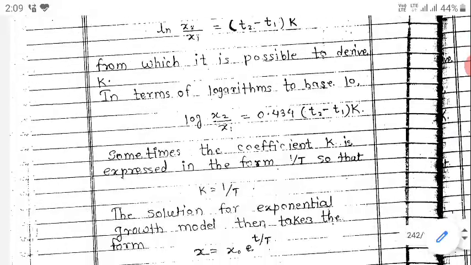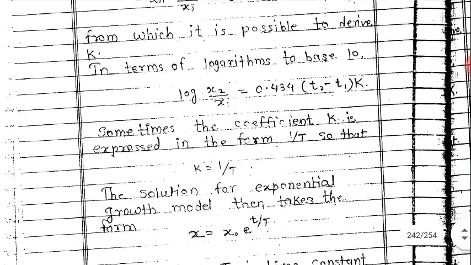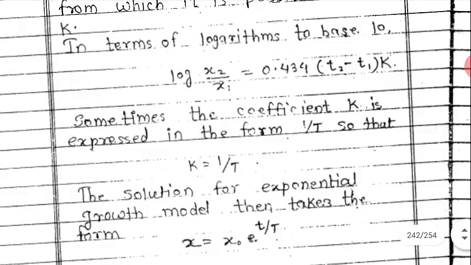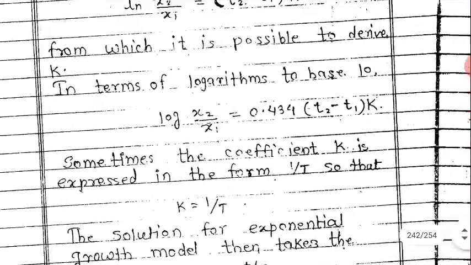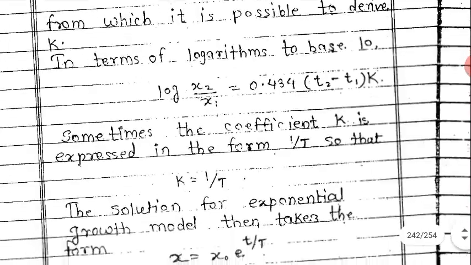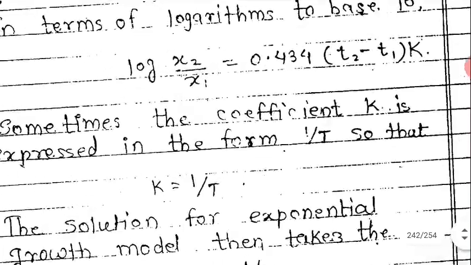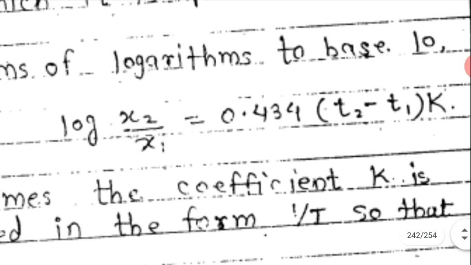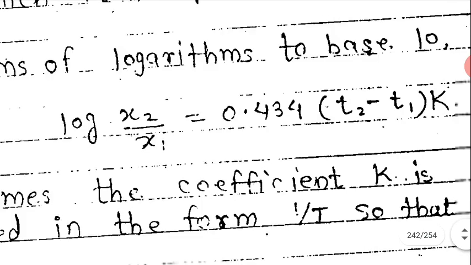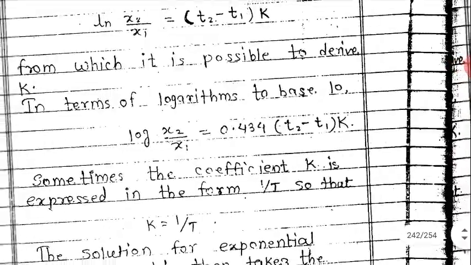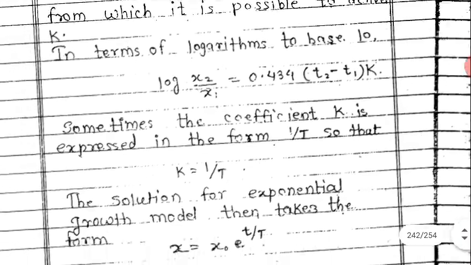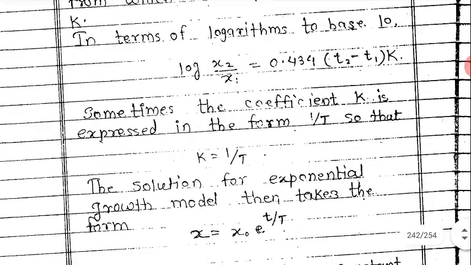From this it is possible to derive the value of k. If we convert this to logarithm to base 10, then log base 10 of x2 by x1 is obtained by multiplying with 0.434, which converts the natural logarithm into base 10.